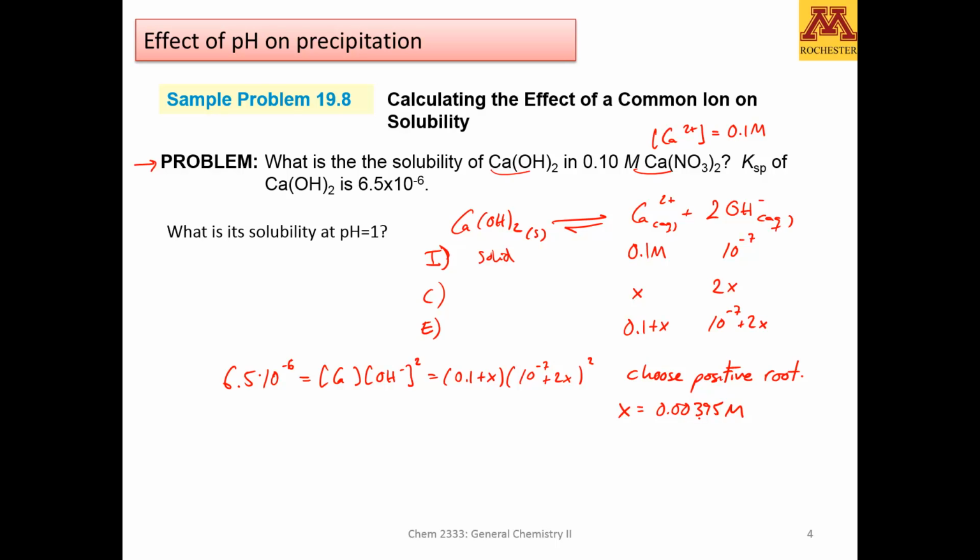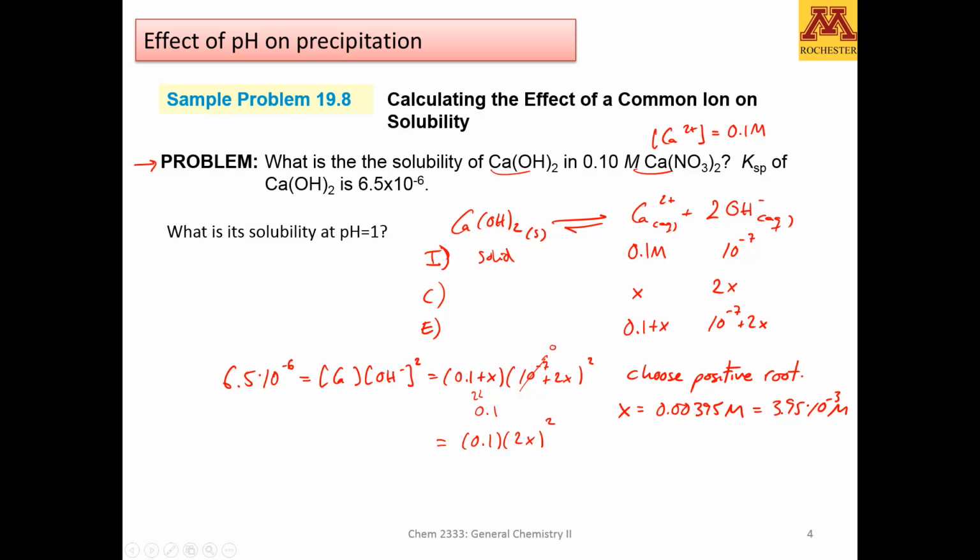Now, in perspective, were we able to simplify our equations? Well, if x is 3.95 times 10 to the negative 3 molar, notice that in here this is pretty much just 0.1, and in the hydroxide term the 10 to the negative 7 you can consider kind of 0. So this really simplifies your equation a lot.